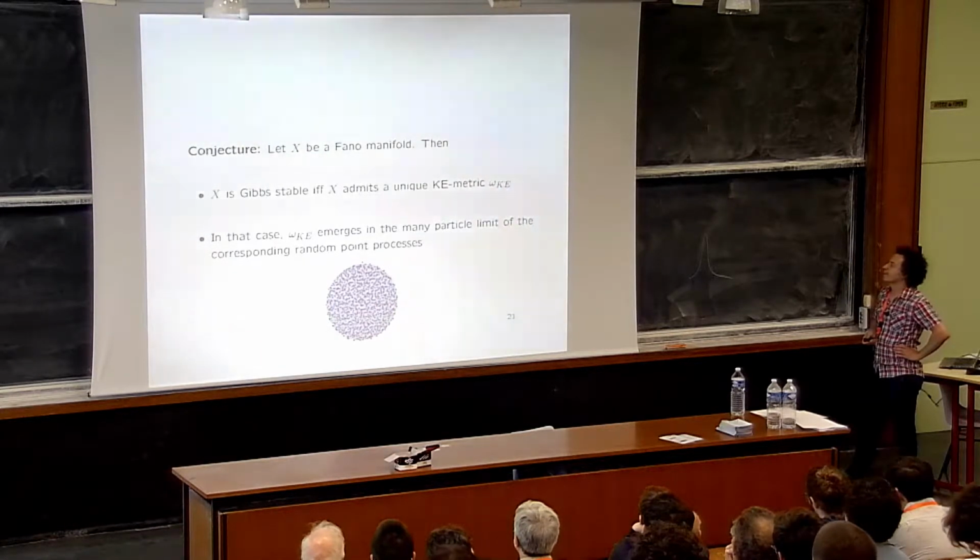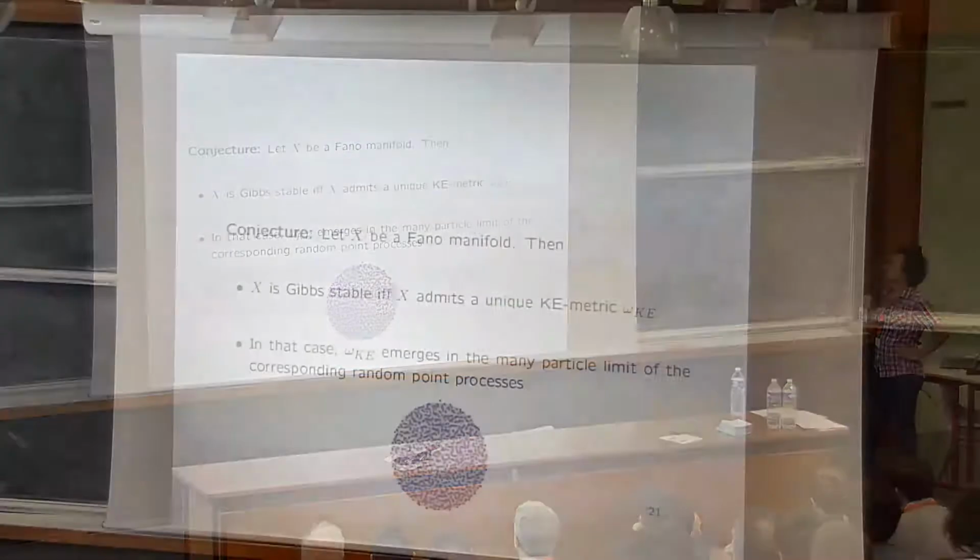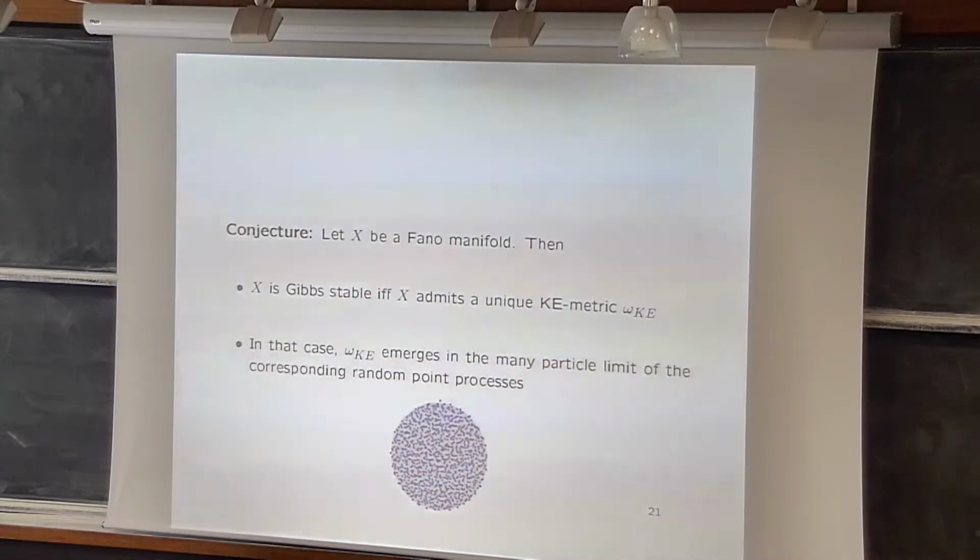And then the conjecture is that if this is the case, then we can recover the Kähler-Einstein metric in this limit of many points as before. So that's the conjecture that I hope you will be able to solve.